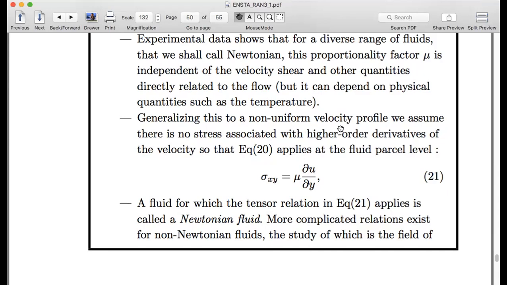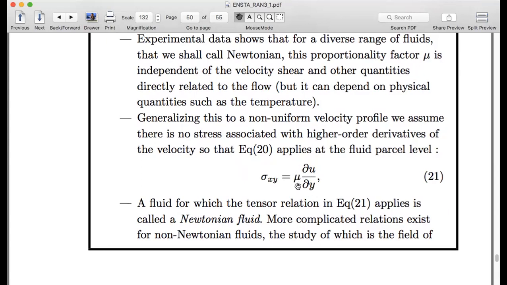Our velocity profile didn't have to be uniform, but we can calculate the velocity gradient at any given point, and the stress will remain proportional to the velocity gradient at that point in the fluid.